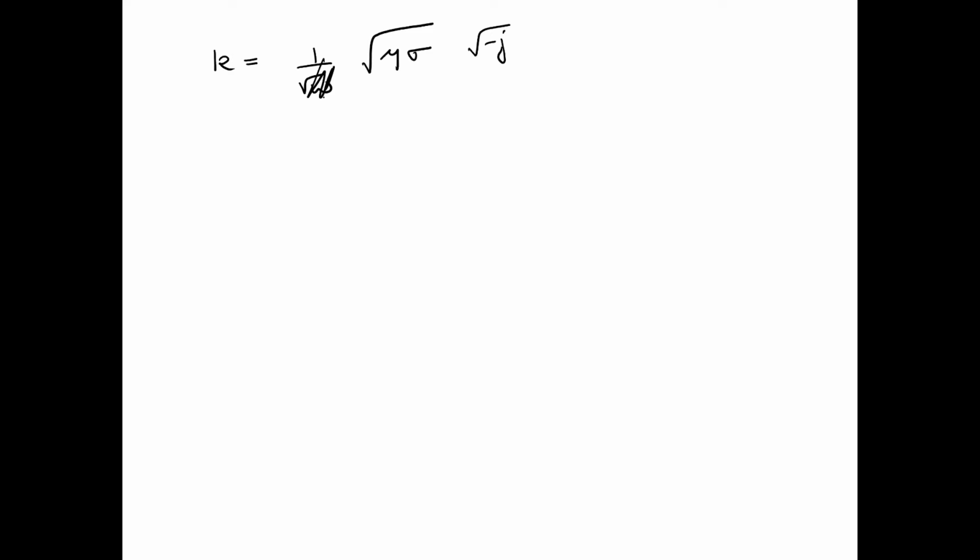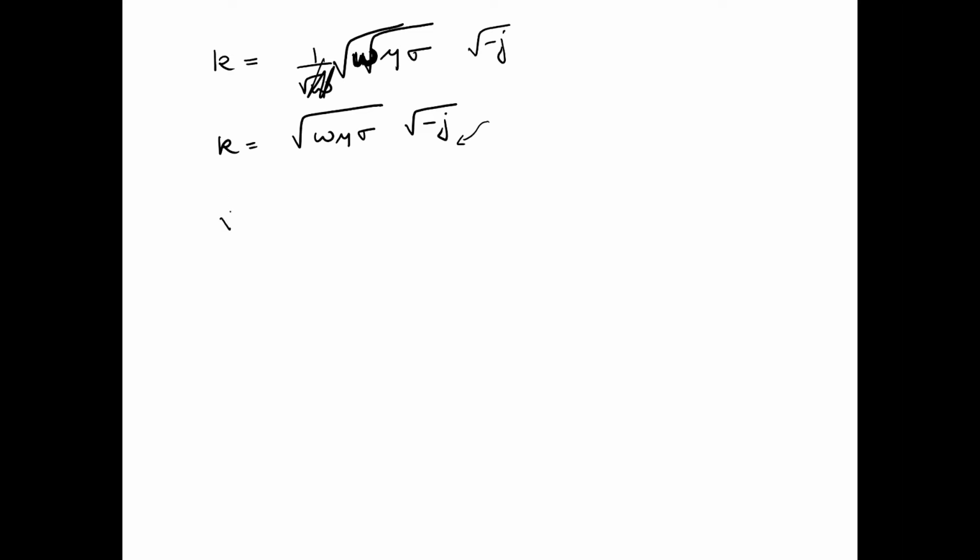Sorry, I made a mistake. This would be omega on the top. So my k becomes square root of omega mu sigma times square root of minus j. Let's figure out how I can do this, the square root of minus j.